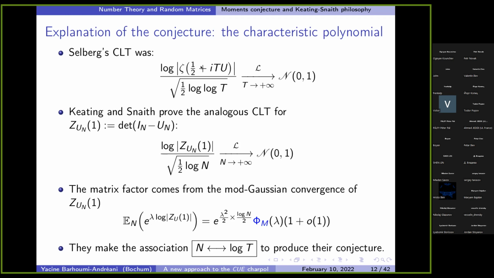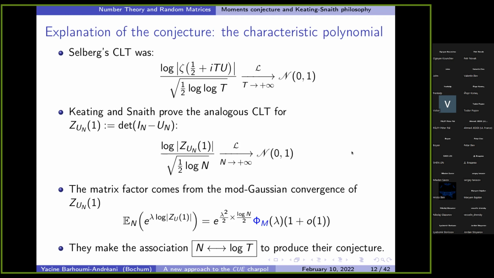What plays the role of the critical axis 1/2 is the value at 1, because 1 is the critical circle, let's say, for the characteristic polynomial. You have a functional equation that uses the unit circle as a reflection. And in fact, you can compute that the log of the characteristic polynomial satisfies the same type of central limit theorem.